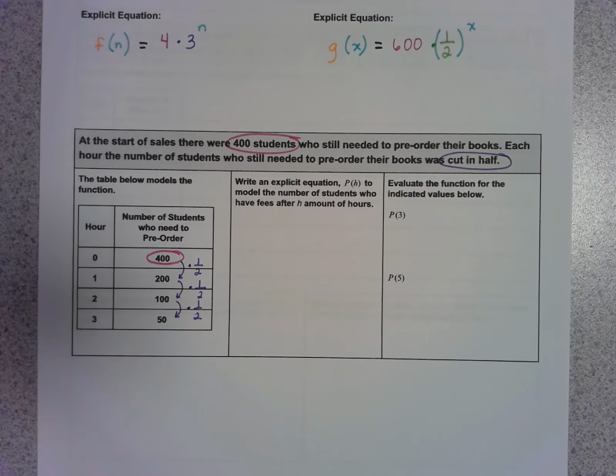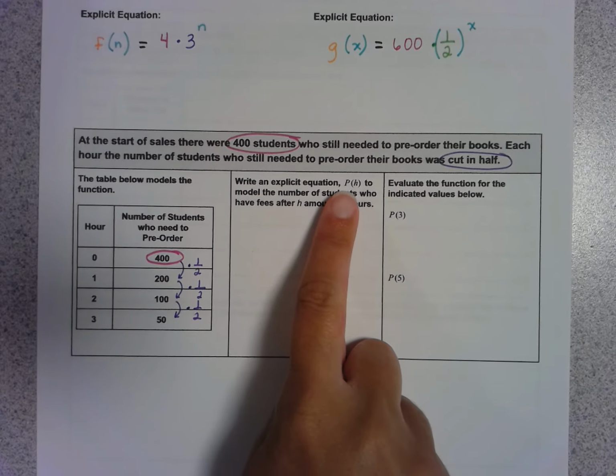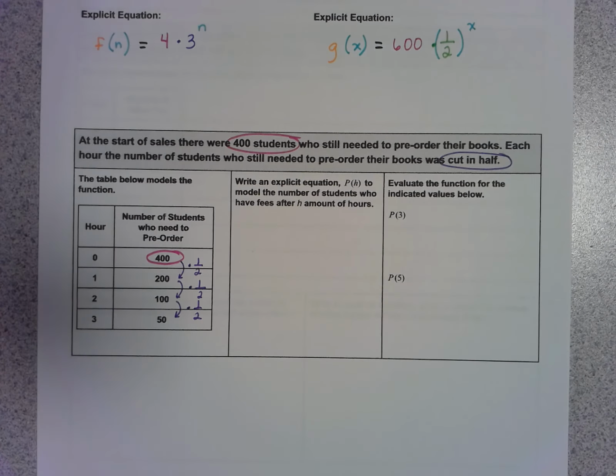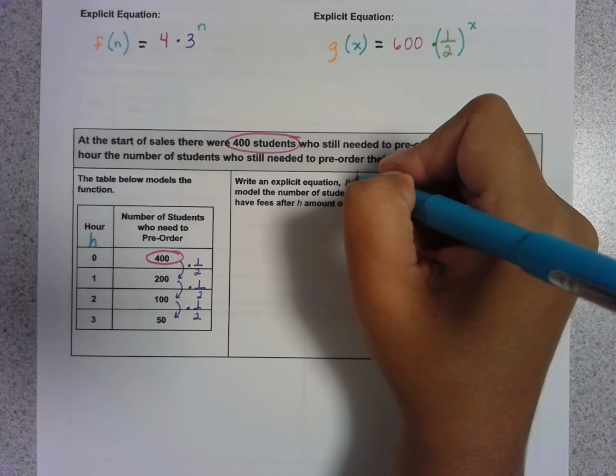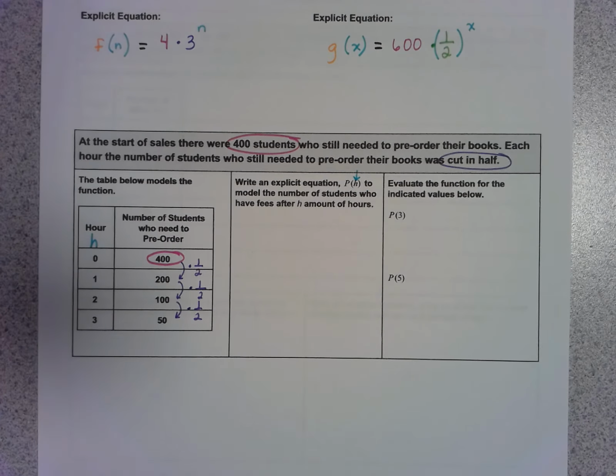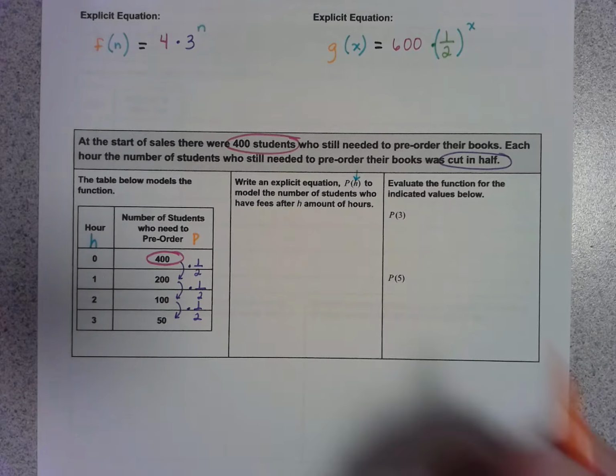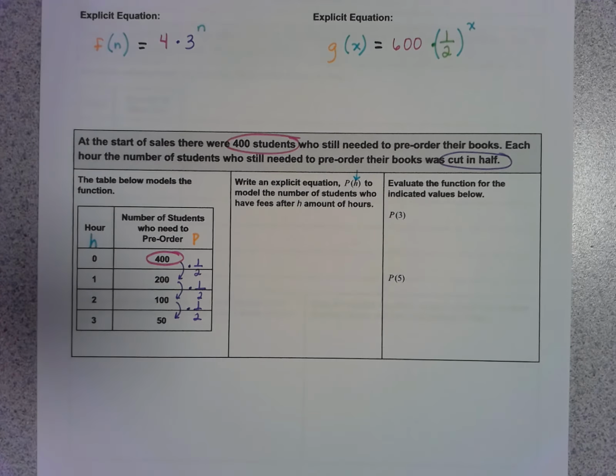Another way to think about that is dividing by 2, which we would still write as times 1/2 in an equation. Now it's telling me here, write an explicit equation P of H to model the number of students who have fees after H hours. Now H is the input, so we're using H for hours, and I can tell that because it's inside the parentheses, and P is the output, and I can tell that because it's outside the parentheses.